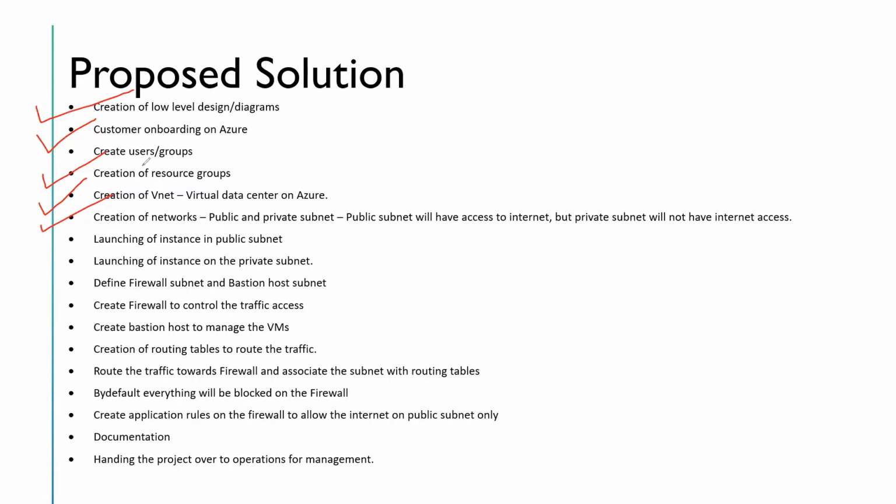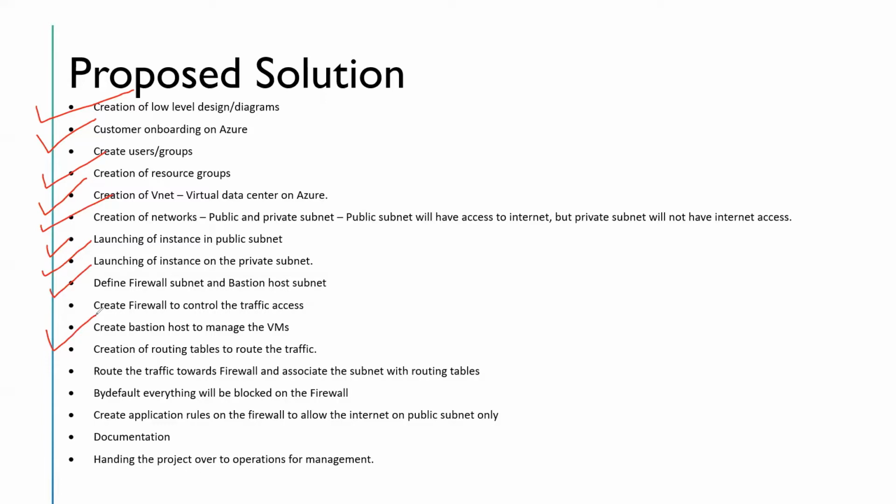Then we will launch virtual instances in the public subnet and private subnet. Then we will define the firewall subnet and bastion host subnet, where we will deploy the firewall and bastion host. We will create the firewall to control traffic access, and also the bastion host so that VMs can be managed from it.